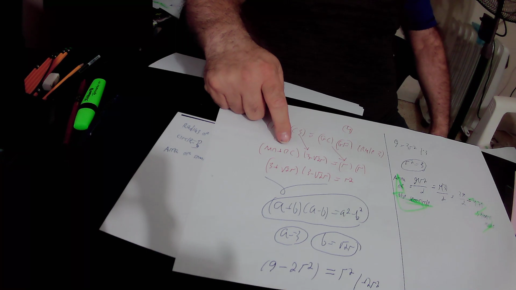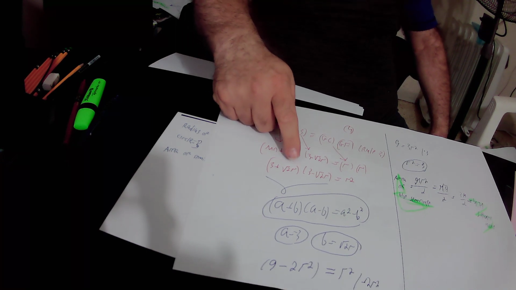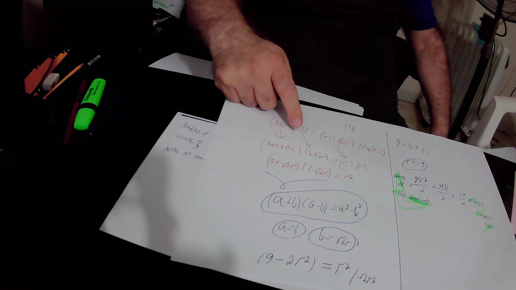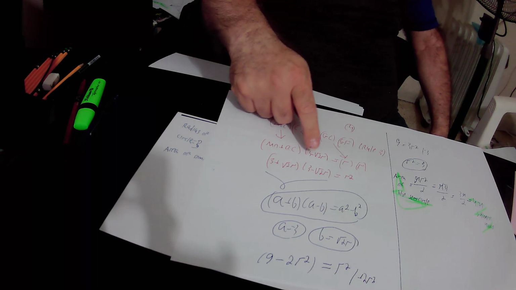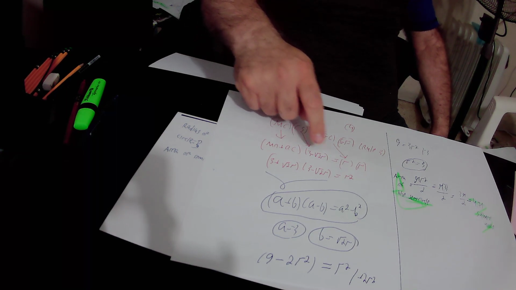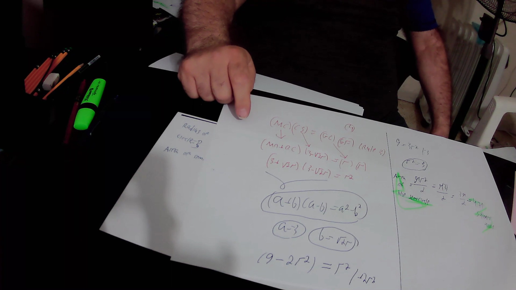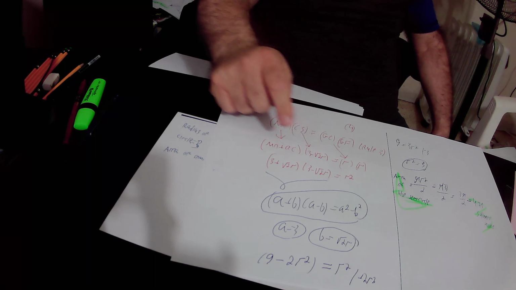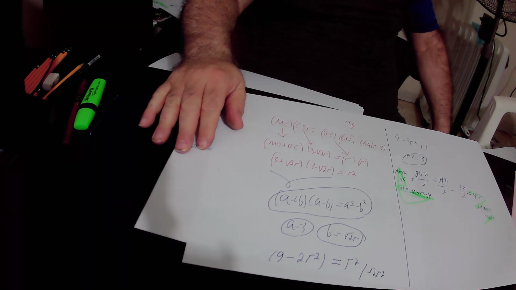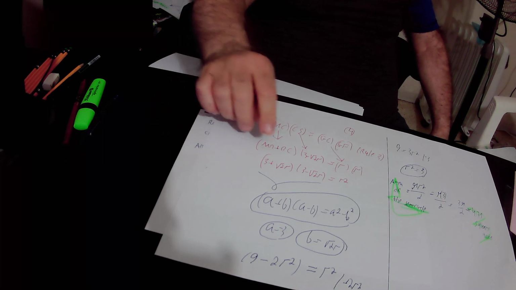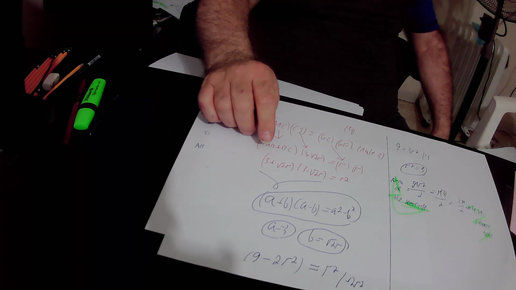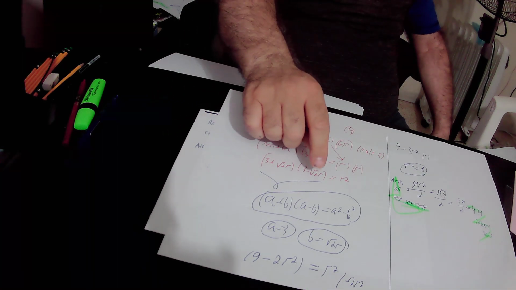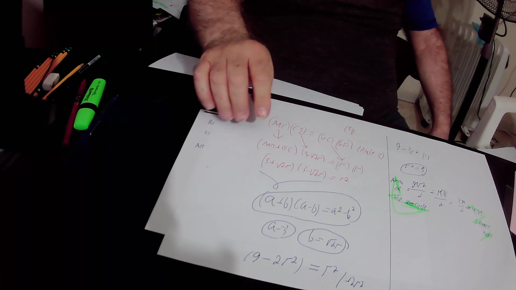OC is the diagonal of the square, that is square root of 2 times R. And we have already found out that CS equals 3 minus square root of 2R, and it is equal to R squared. So we have the expression of 3 plus square root of 2R times 3 minus square root of 2R. We found the value of this expression according to the algebraic identity that A plus B times A minus B equals A squared minus B squared.